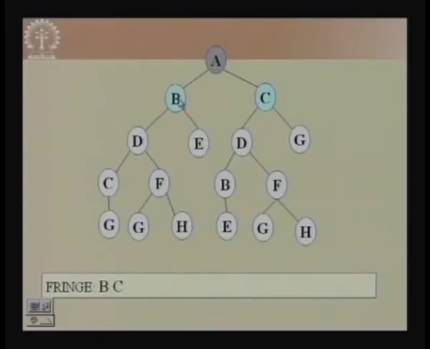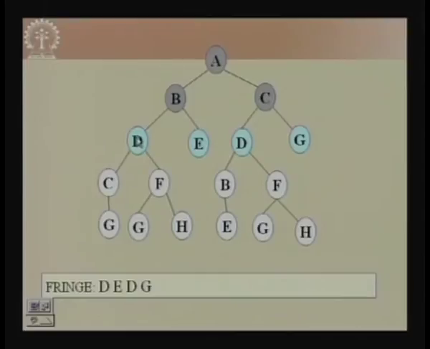Okay. So, what should be the next step? B has to be removed from fringe, as B is the first node in fringe, and its successors D and E will be generated. At the next state, C is removed from fringe and its successors D and G are generated and put at the back of fringe.